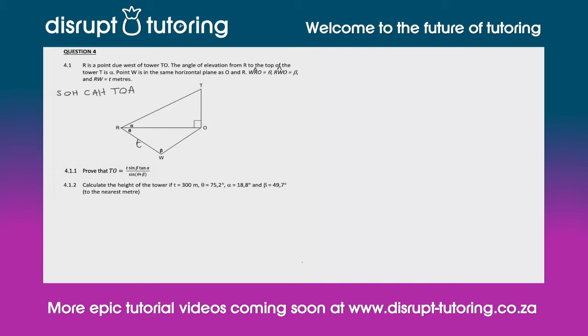Now in this triangle we have theta and beta. We are missing an angle, but we can work it out, and we can say that angle O is equal to 180 degrees minus (theta plus beta). That simply comes from the interior angles of a triangle, which add up to 180 degrees.